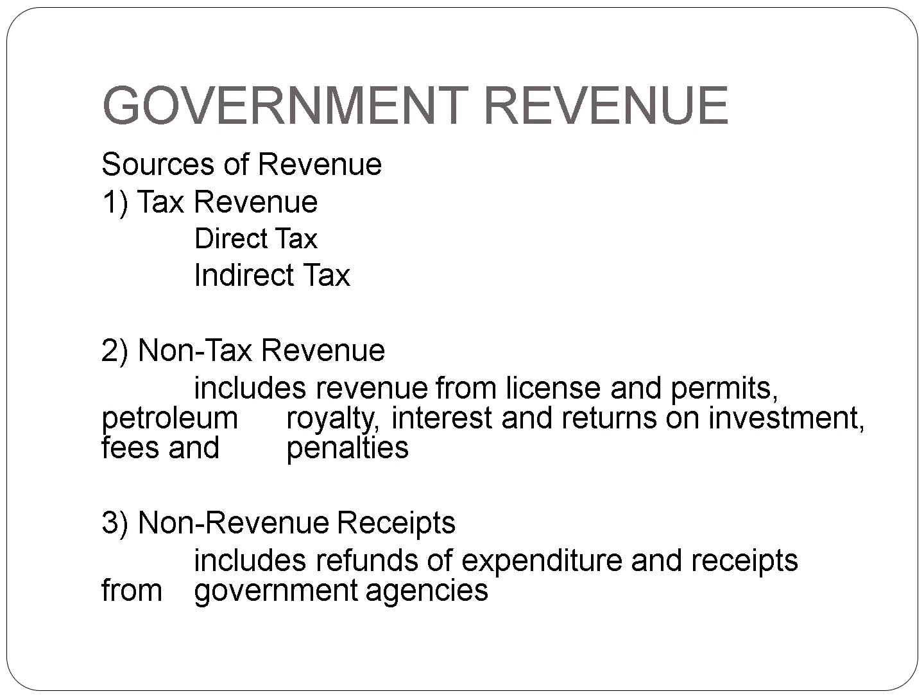This includes revenue from licenses and permits, petroleum royalty, interest and return on investment, fees, and also penalties. The third part is non-revenue receipts. This includes refunds of expenditure and receipts from government agencies.